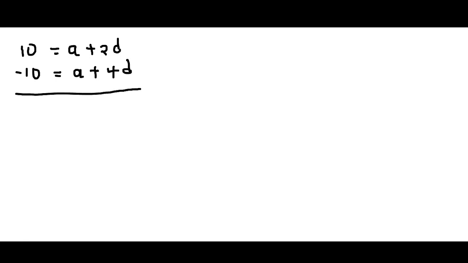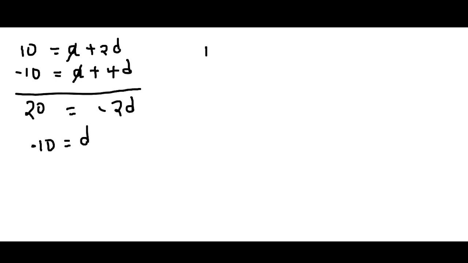So here this a and this a cancel out, so 2 minus 4 we are left with negative 2d. 10 minus negative 10 we are left with 20, whereby our value of d will equal negative 10.